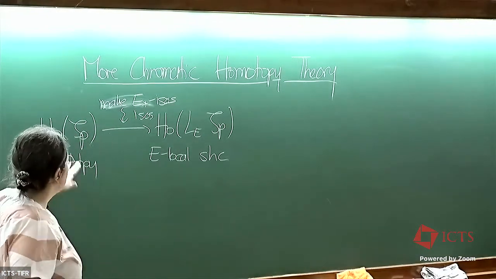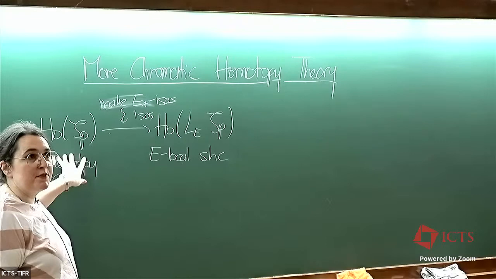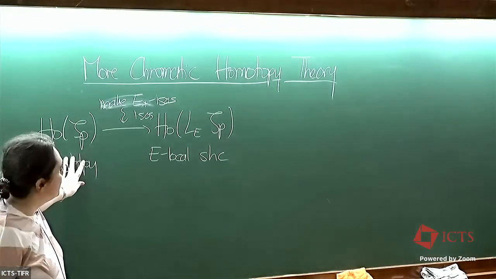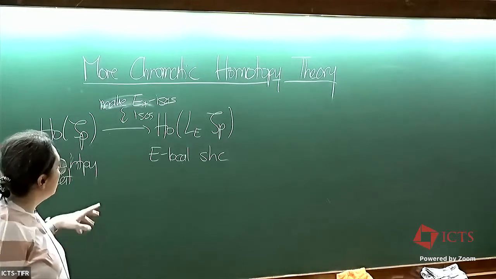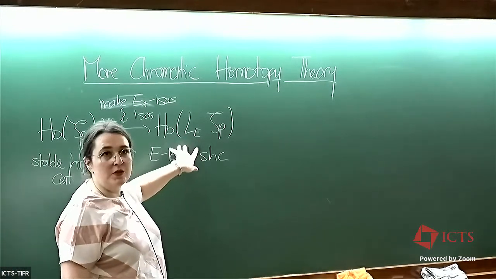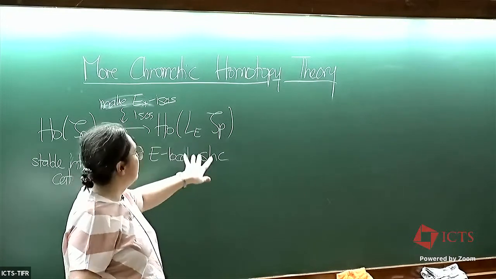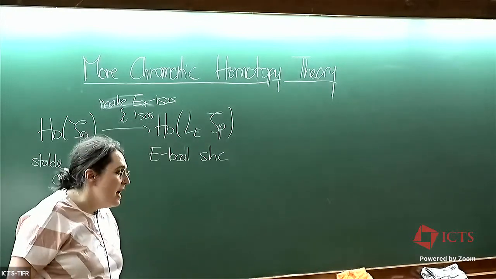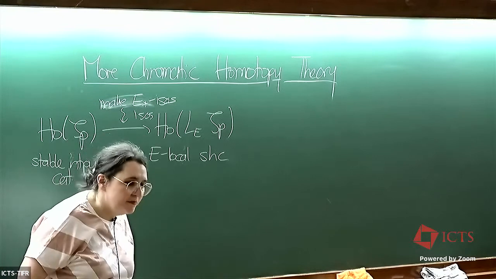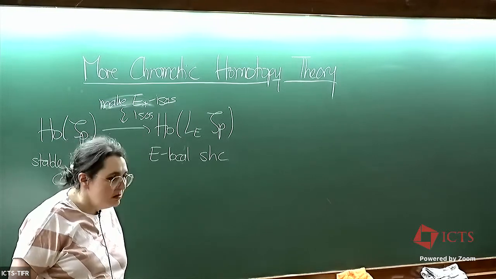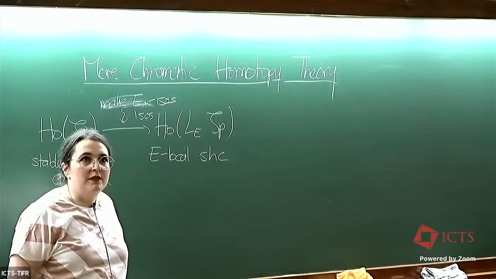So rather than just inverting those maps of spectra formally that induce an isomorphism of homotopy groups, we now also invert all the maps that induce an isomorphism of homology groups for whatever homology theory you picked. And we had all the various definitions for that last time and how that worked and why that worked.